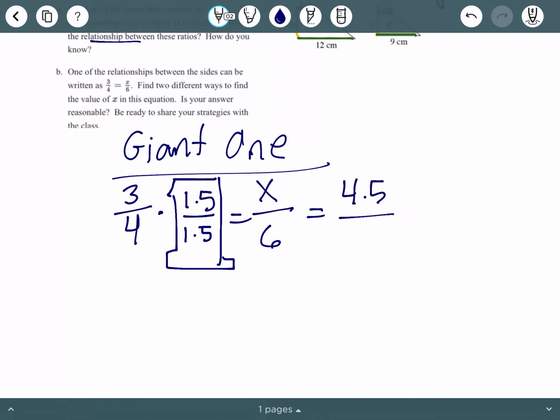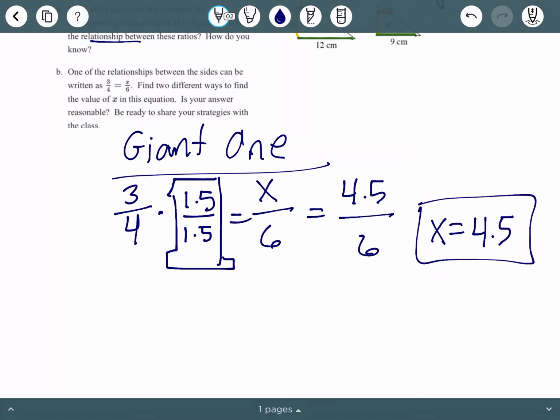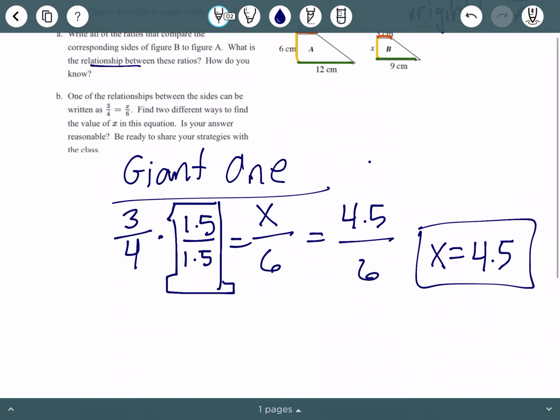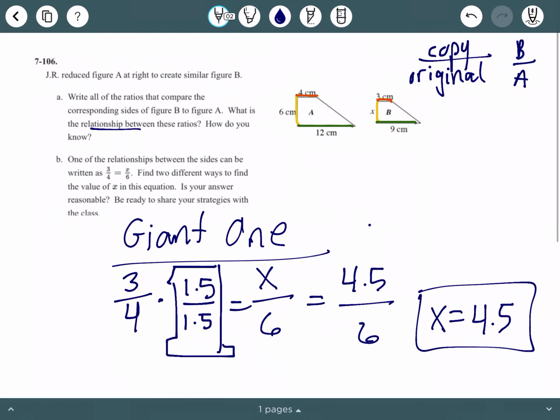And it's going to be 4.5 over 6, which means x equals 4.5 because x is my numerator. All right, and we get the same answer either way. So that is all for 7-106.